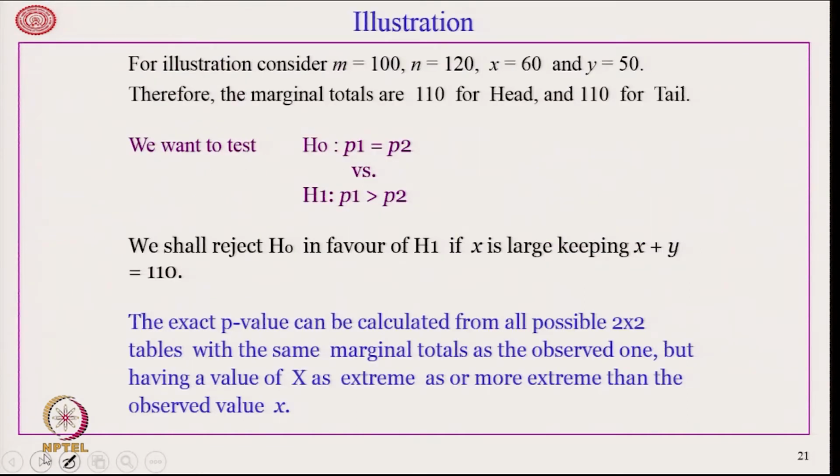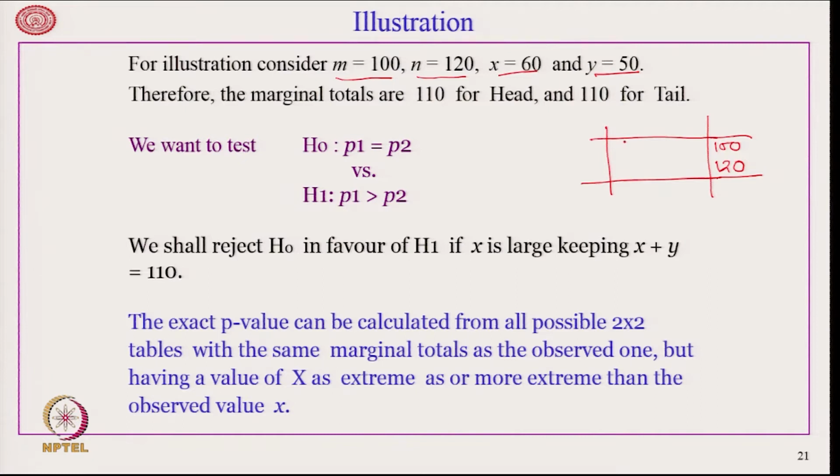So, let us consider that m is equal to 100 and n is equal to 120, x is equal to 60 and y is equal to 50. That means, if we look at the earlier table, we will get something like this. There are 100 trials for the first one and 120 trials for the second one.